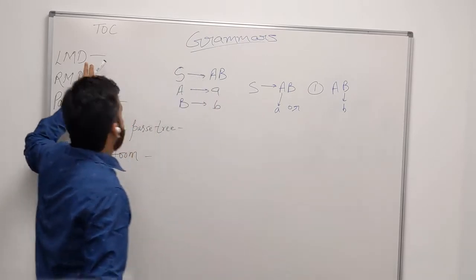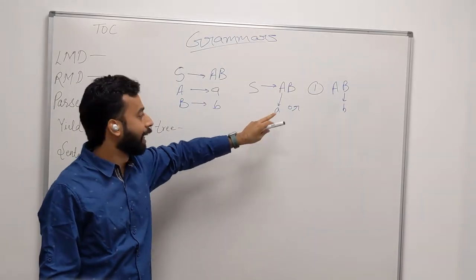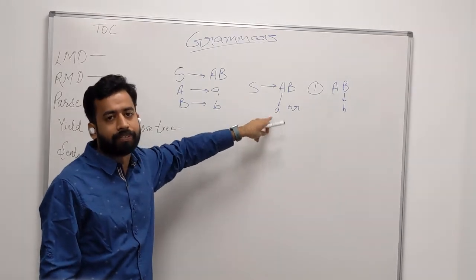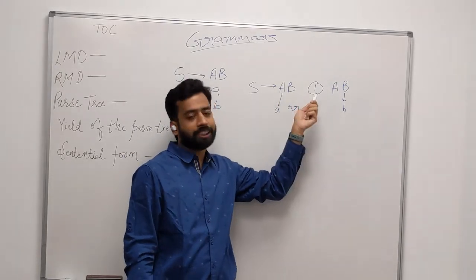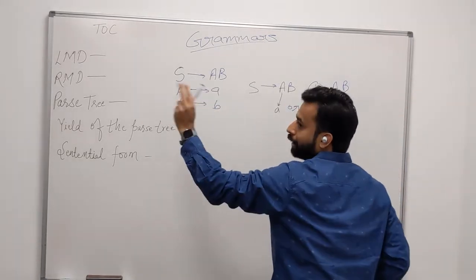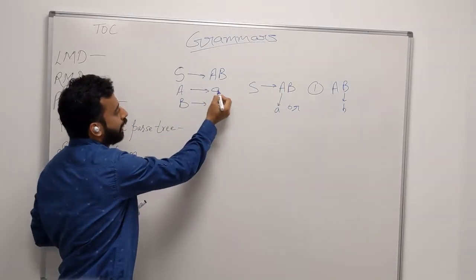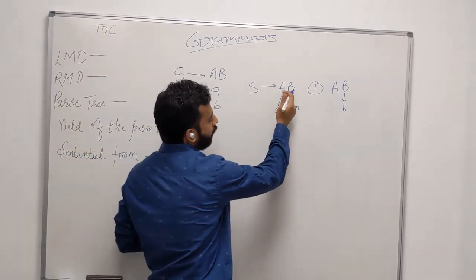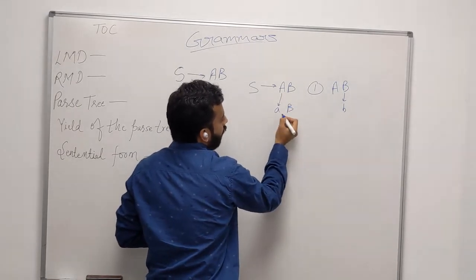So what does leftmost derivation tell us? It tells us that whenever you want to derive a string from the leftmost side, you can use LMD, the leftmost derivation. Which is leftmost here, A or B? Clearly A is leftmost. This is my left-hand side and this is my right-hand side. So I replace capital A by small a, and my capital B stays as it is.